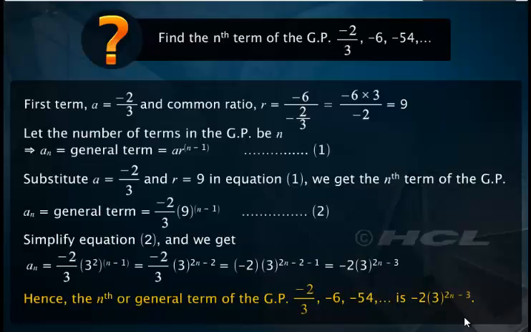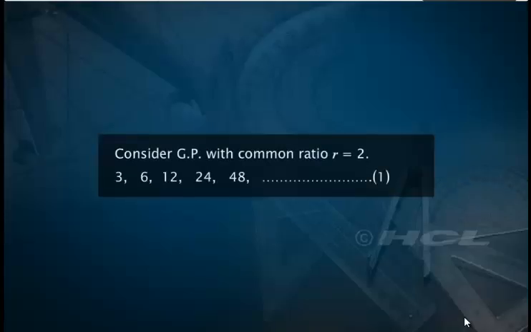Let's study some properties of geometric progression. Consider a GP as shown. It has the common ratio R equal to 2. Label this GP as 1.